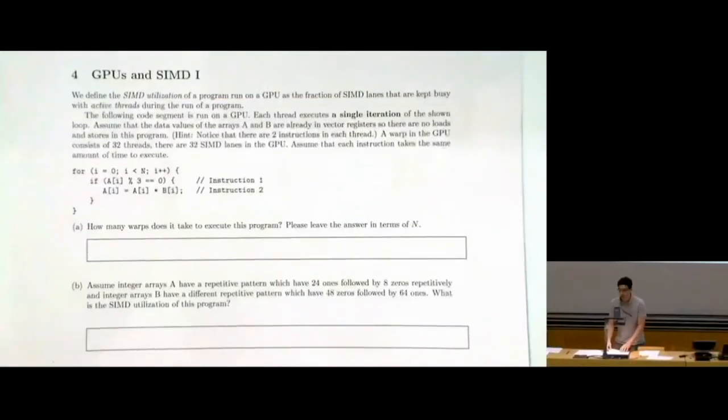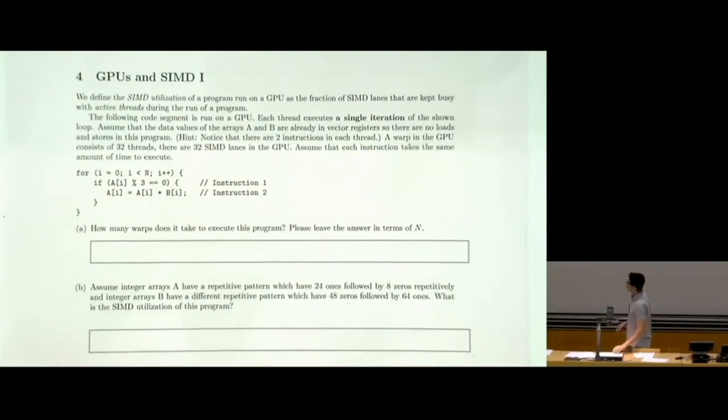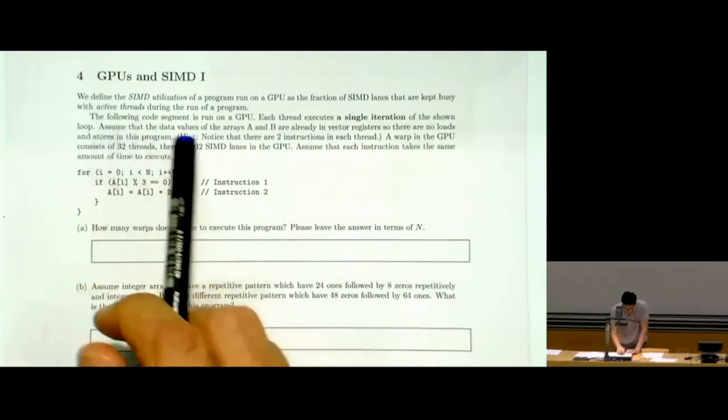So this is a typical question in which you have to calculate the SIMD utilization. Remember that the SIMD utilization, not only in GPUs but also in vector processors, means the ratio of lanes that you are actually using. So here, the first thing that you have is the definition.